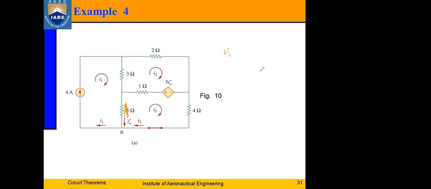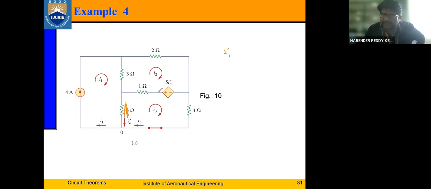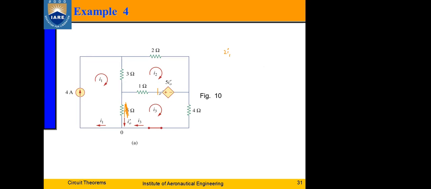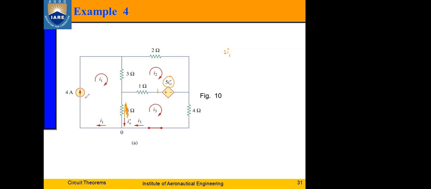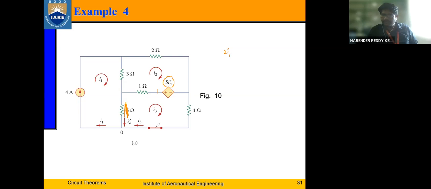Sir, what will be the voltage across that current dependent voltage source, sir? Just to the left side of it. Didn't get you. Left side of it at this point, right? Yes, sir. So whatever the voltage, since it's a dependent source, we are considering only one source at a time because the other one we shorted it, right? So what we are trying to do is find the current which is flowing through this resistor here now.